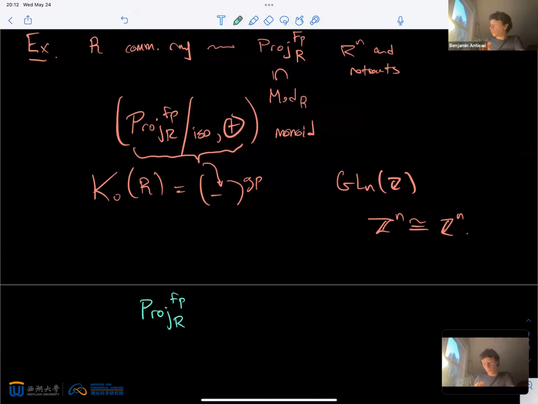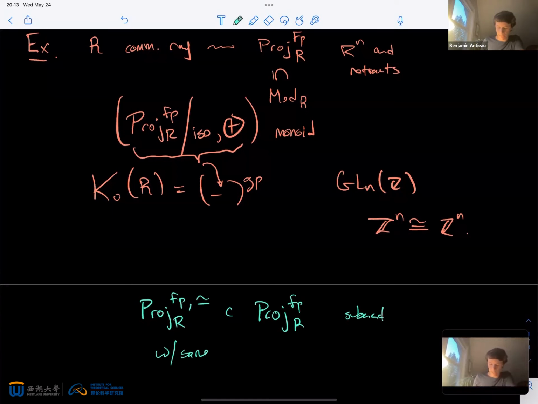But now, instead of taking this set of isomorphism classes, I'm going to write equivalence here. What this means is this is the subcategory with the same objects, but only isomorphisms.